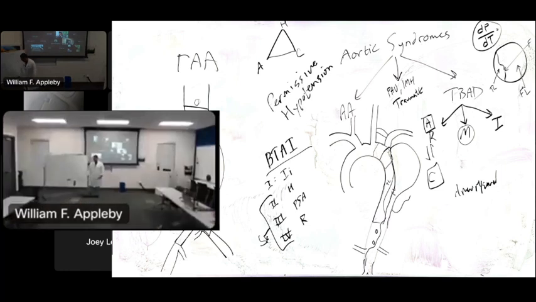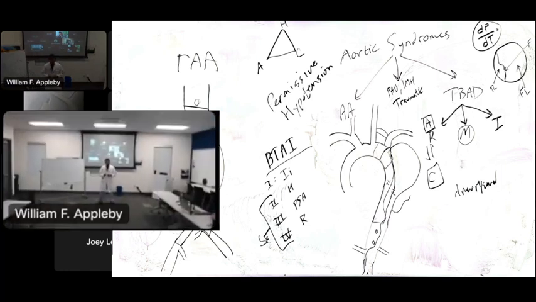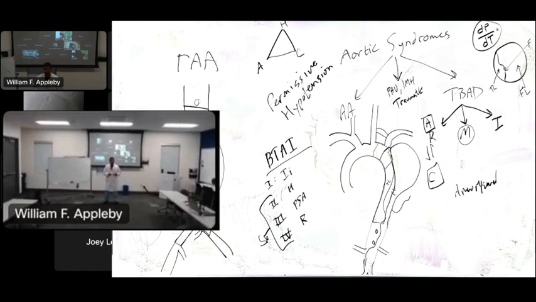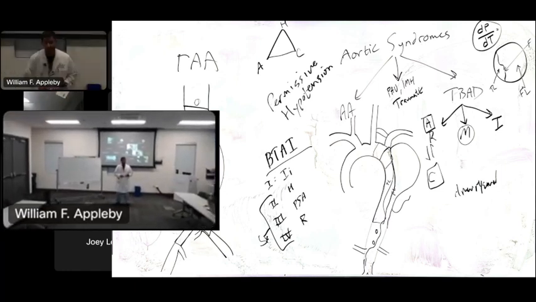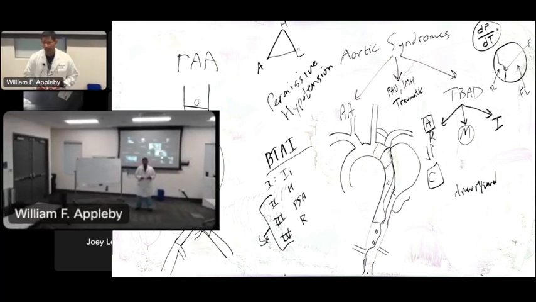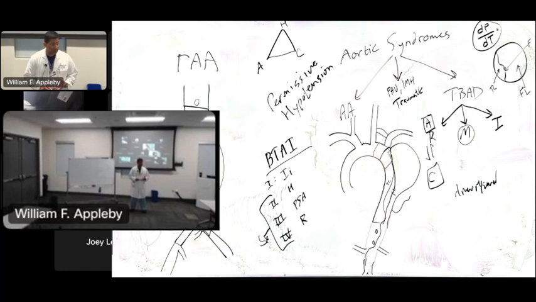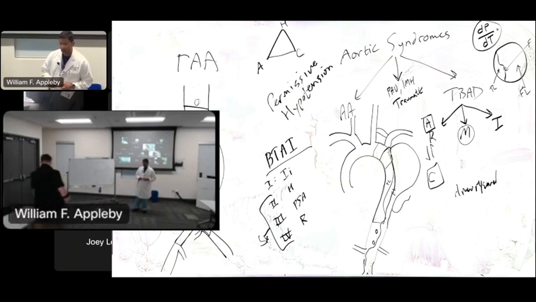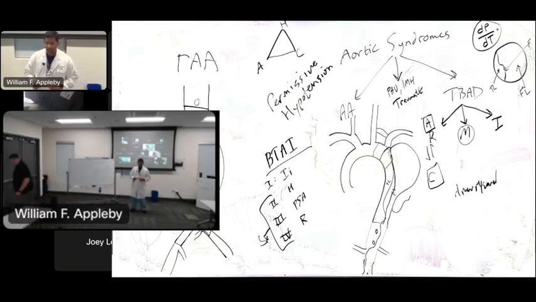So when I say malperfusion, I'm talking about malperfusion of the gut, secondary to acute mesenteric ischemia, malperfusion of the kidneys, secondary to dissection extension into the renal arteries, and then the legs. And so I have seen presentations of all of those where we've had to emergently operate.